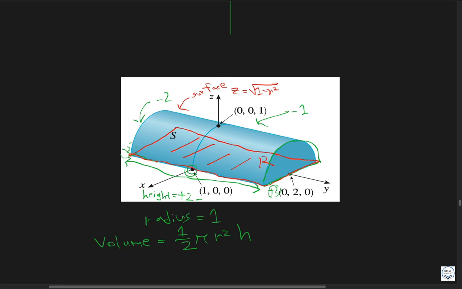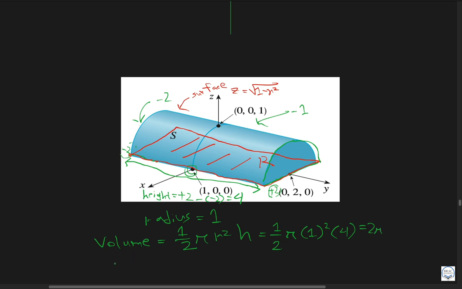So the height equals +2 minus this endpoint, -2, which is 2 minus -2, equal to +4. Hence the volume is half pi, the radius is 1 squared, times 4.